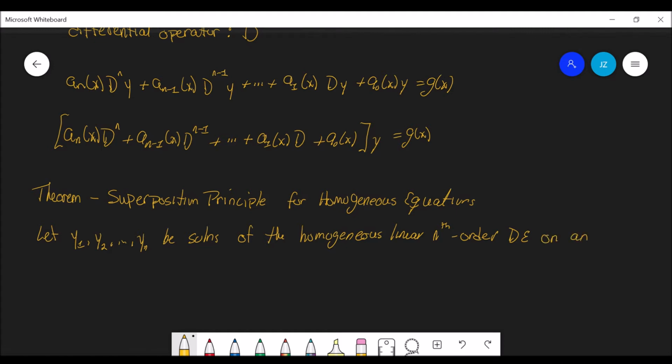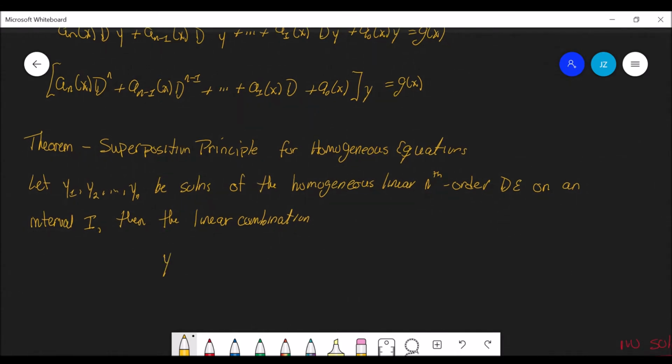on an interval I, then the linear combination given by y equals c1y1 plus c2y2 plus so on and so forth plus cn yn is also a solution, where each of the c's is a constant.